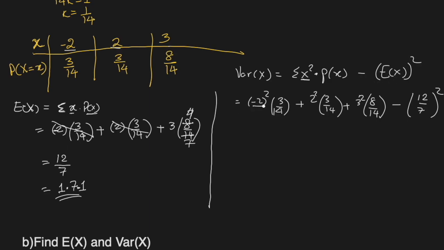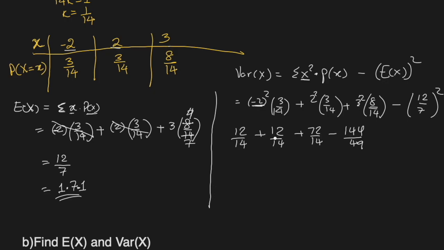Alright, so 4 times 3, 12 over 14, plus 12 over 14, and this will be 9 times 8, 72 over 14, and there we have the square of this, 144 over 49.